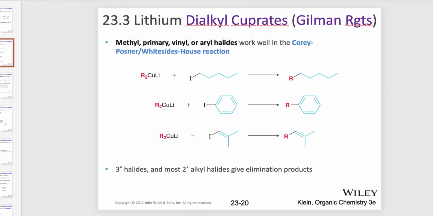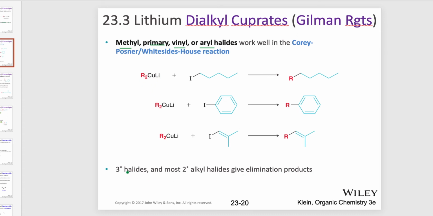Okay, so here a little bit more detail. As we're looking at the cuprate and the halide that's being brought together, this works best with methyl and primary halides, as well as vinyl and aryl halides. So it can be CH3, sp3 hybridized, or sp2 hybridized. And we are replacing the halide overall with one of the R groups from the organocuprate.